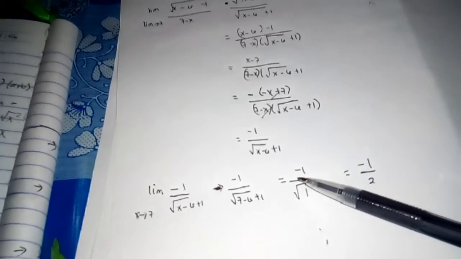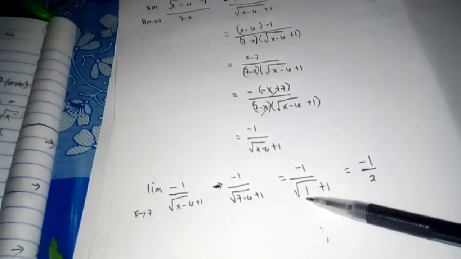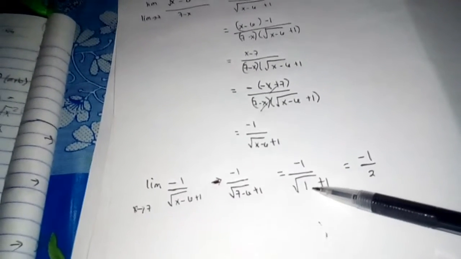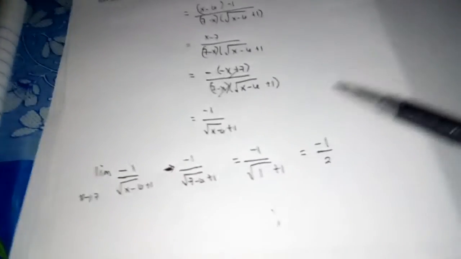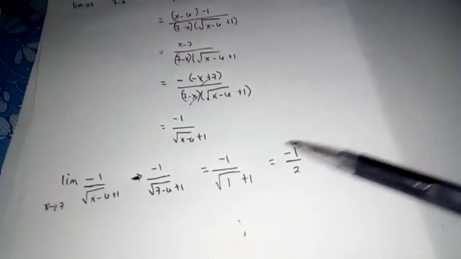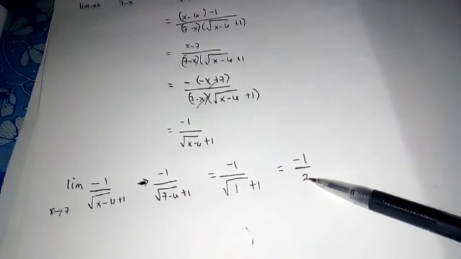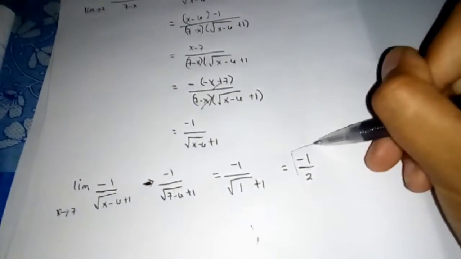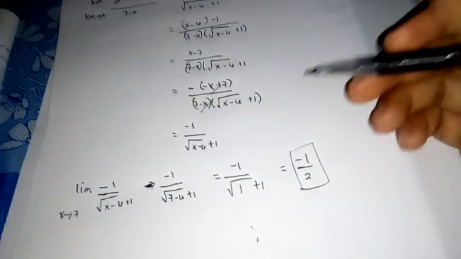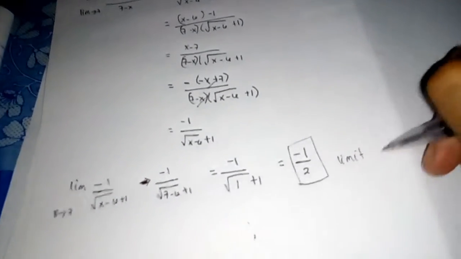Therefore, it equals negative 1 over the square root of 1 plus 1. The square root of 1 is 1, plus 1 is equal to 2. Therefore, the answer is negative 1 over 2, or negative 1 half. And now the limit exists.